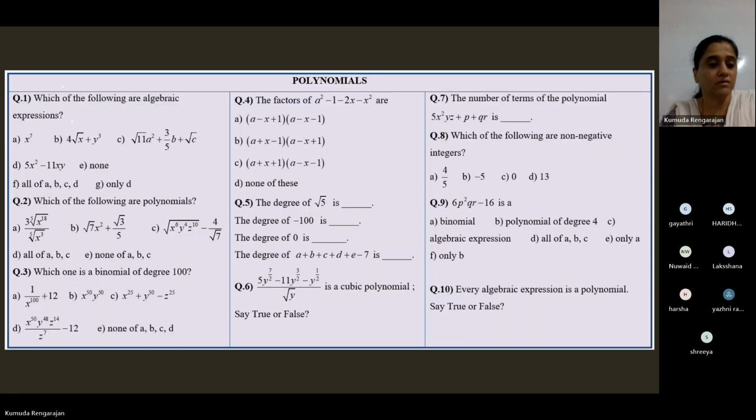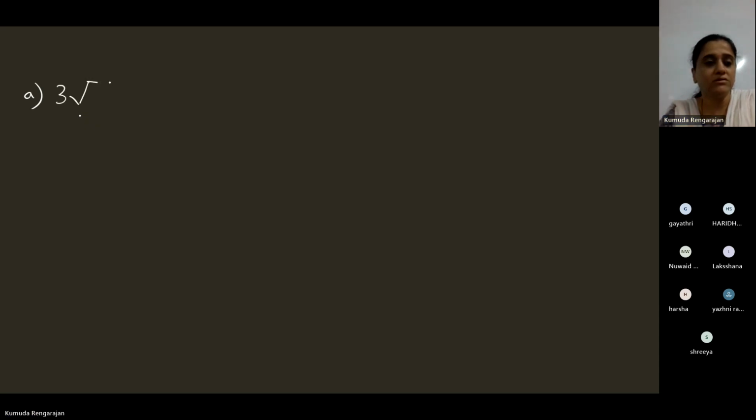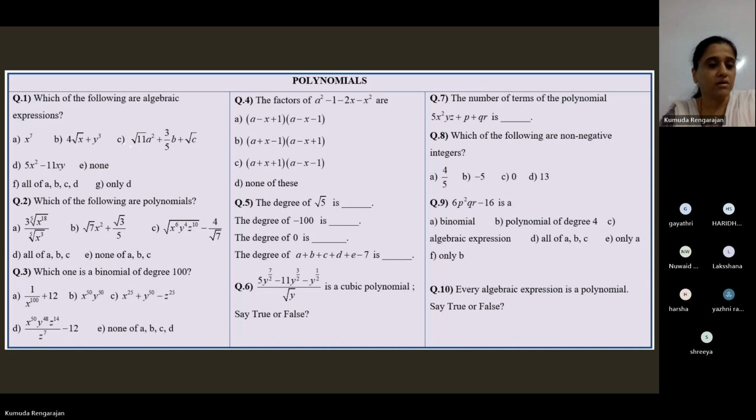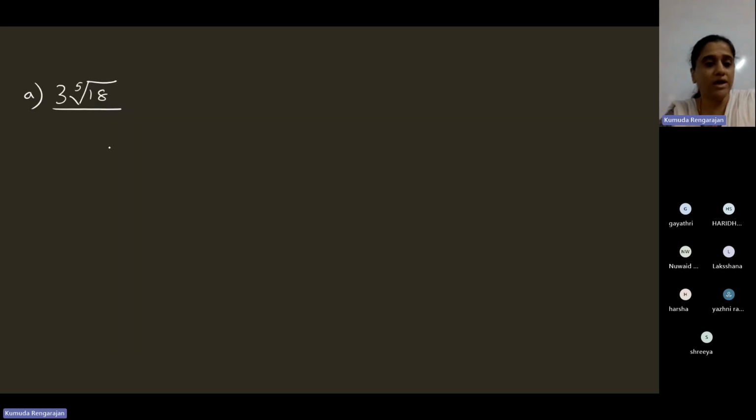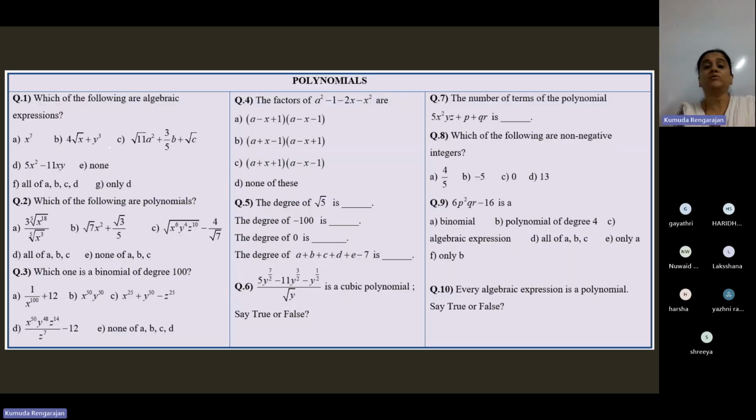So in A we have 3 into fifth root of 18, divided by fifth root of x cubed. Not finish the first one. Take down the first question.